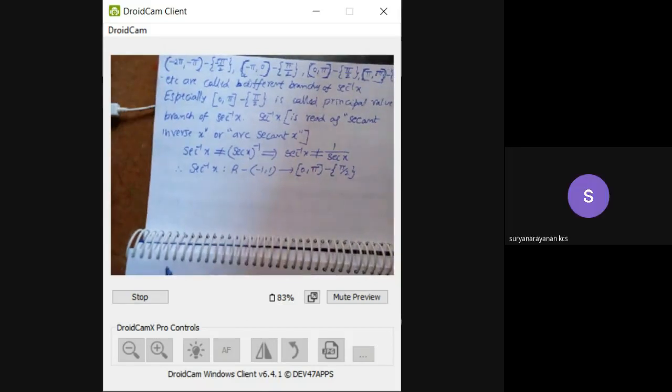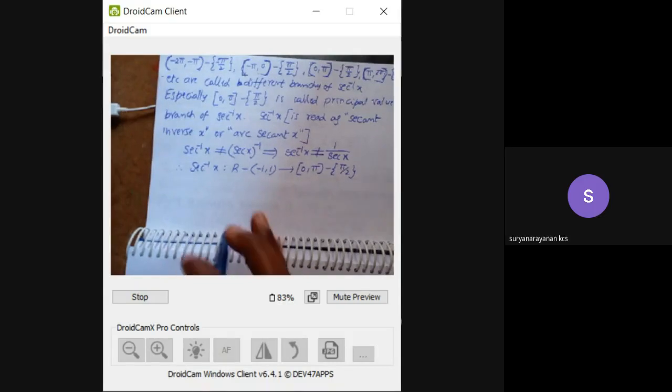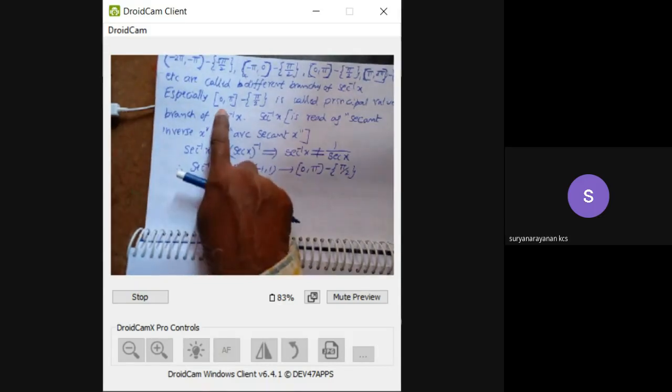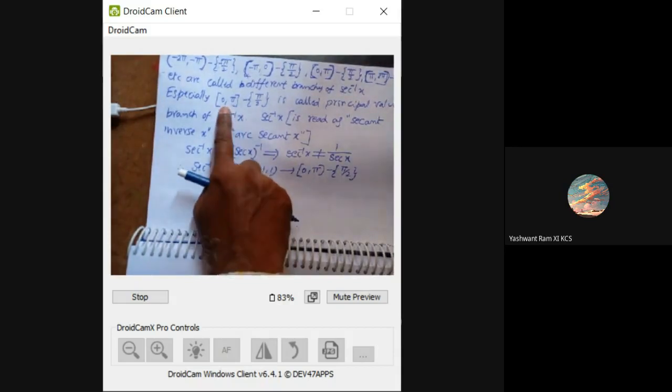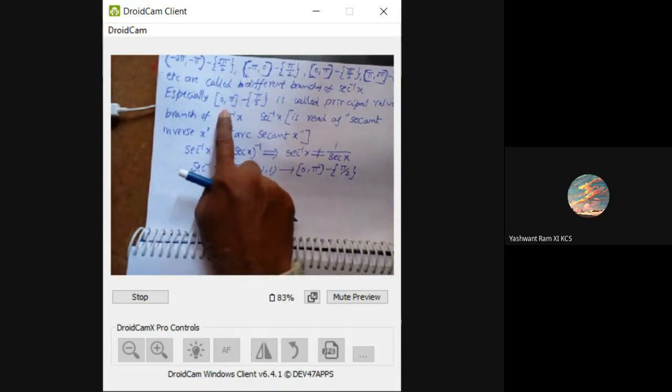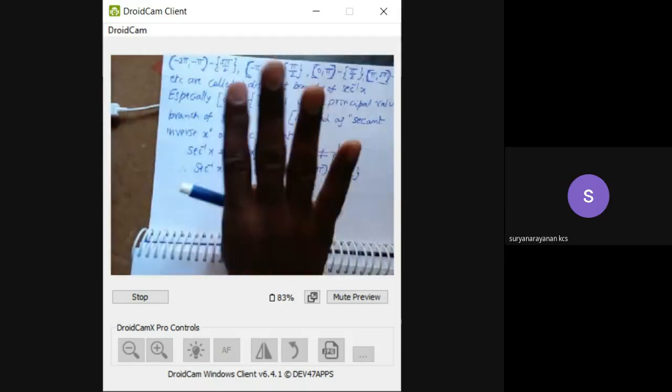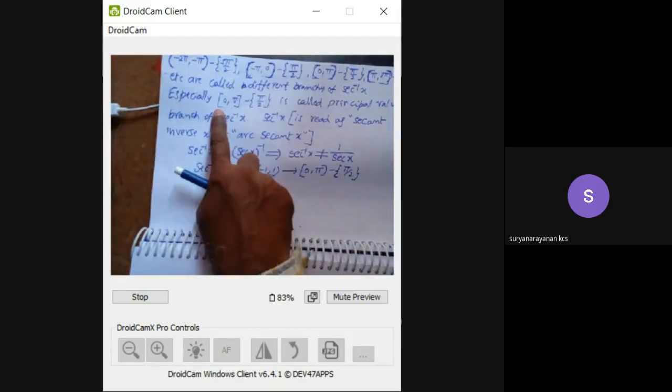Very good, Pritika. Yashwant Ram, can you read this one from here? Yashwant Ram. Especially open interval 0 comma pi minus. Ram, stop. Closed interval, not open interval.